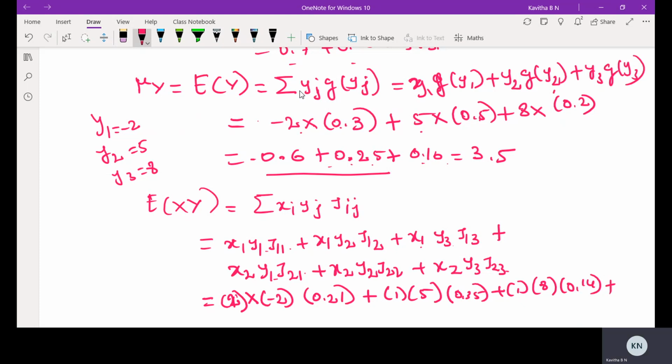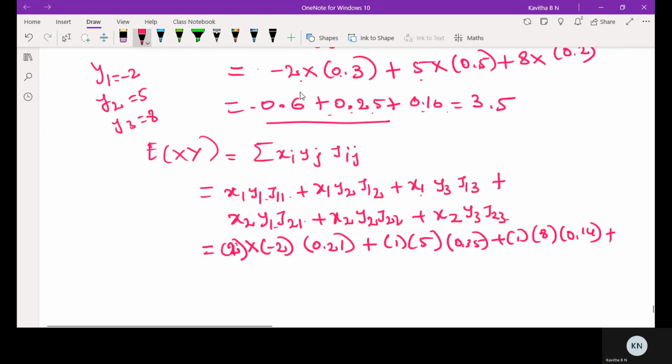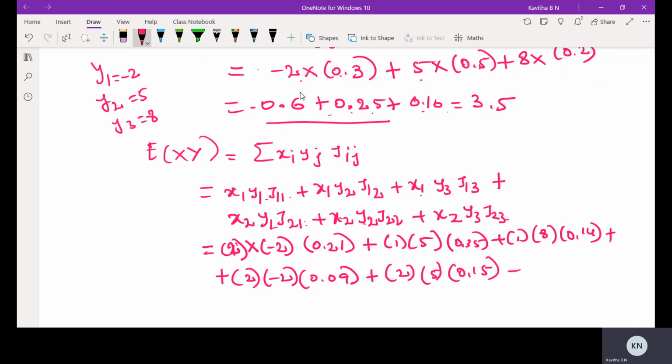Okay, then next, x2 is 2, y1 is minus 2, j21 is 0.09, plus x2 is 2, y2 is 5, then j22 is 0.15, plus x2 is 2, y3 is 8 and j23 is 0.06.